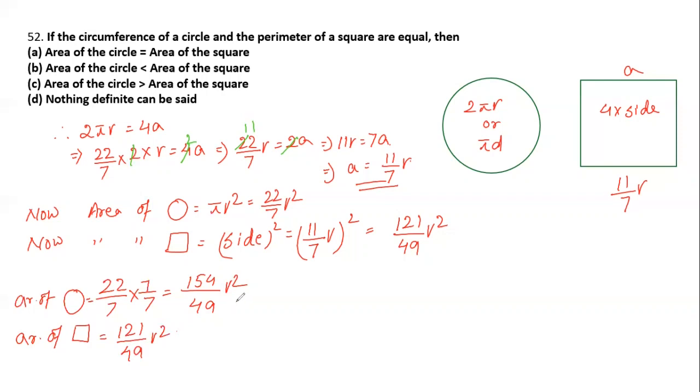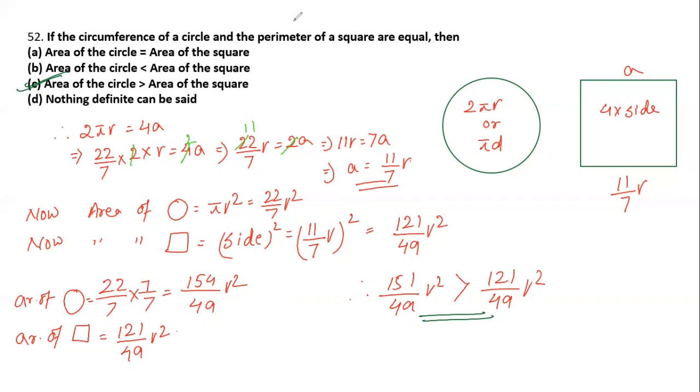So which is bigger, the area of the circle or the area of the square? So option C is correct. Area of the circle is greater than area of the square, because 154/49 r square is greater than 121/49 r square, right? This is our option. So option C is correct. Otherwise you can also find r from the value of a we found.